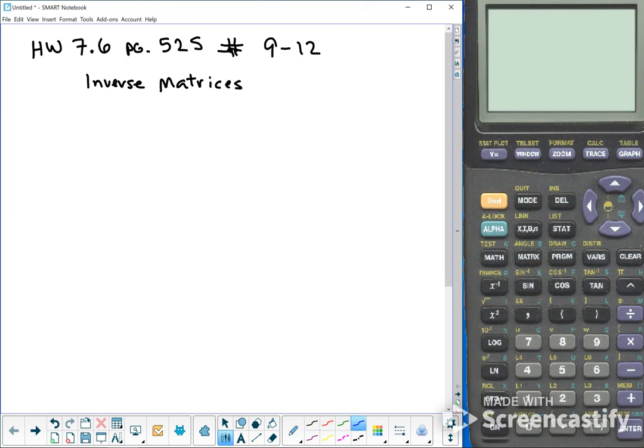All right, so number 9 goes something like this. A equals -1, -4, 1, 2, and B goes something like this: 1, 2, -1/2, and -1/2.